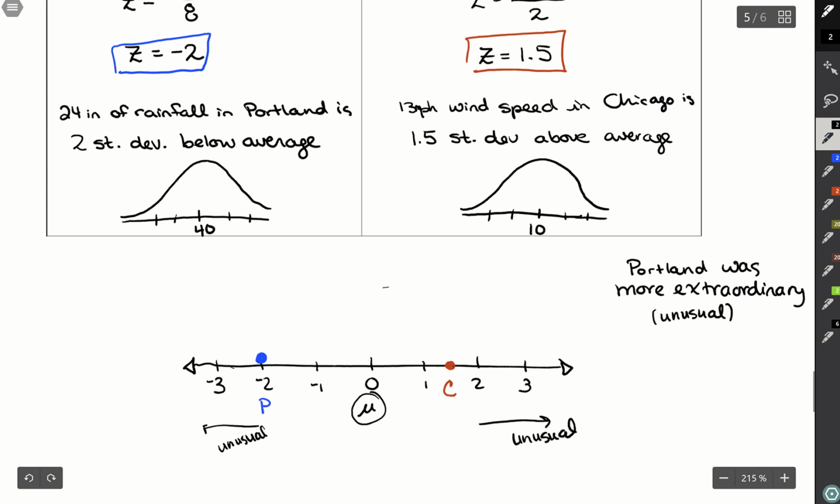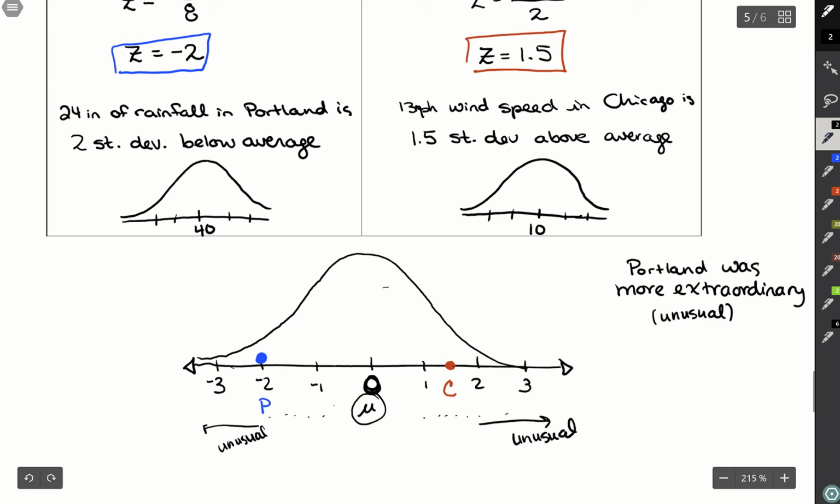For these events, at 0 there's a high likelihood, and there's a high likelihood of being just 1 standard deviation away. Then as we get further and further away, it becomes less and less likely. And that description right there is our bell-shaped curve.